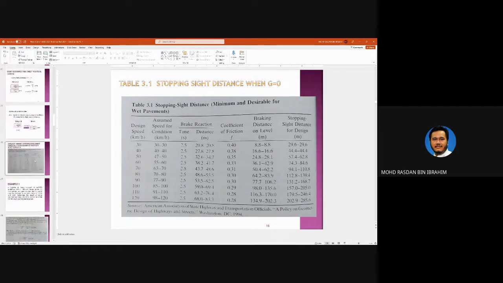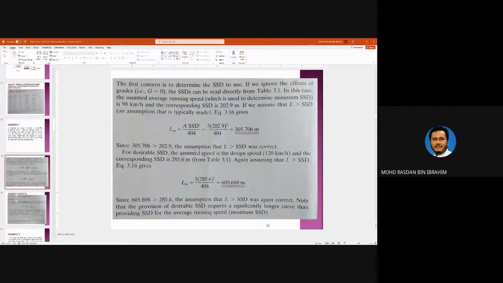Okay. So we use the SSD value 202.9 minimum, and the A value you calculate from the radius. You get 3. So the minimum length for using minimum SSD is 305.706 meters.